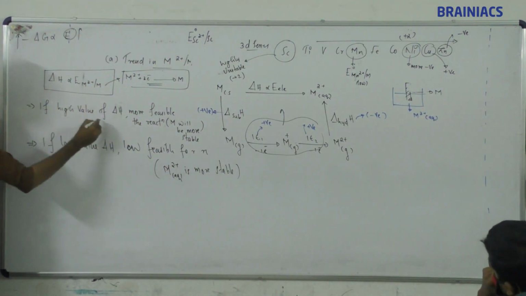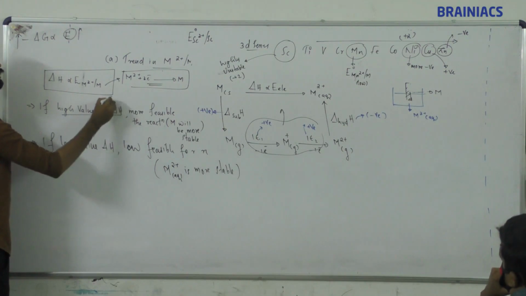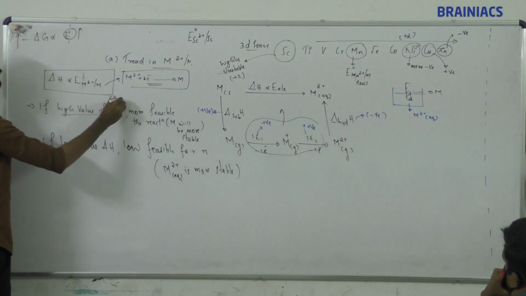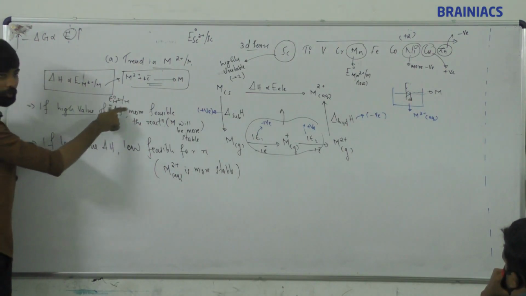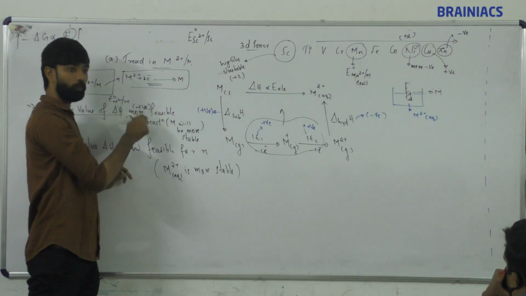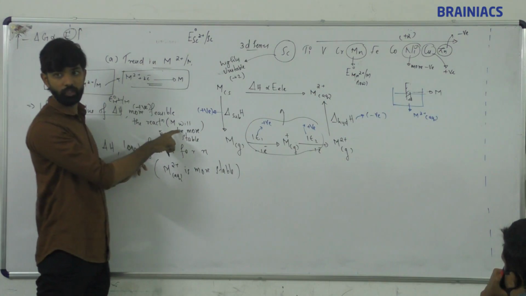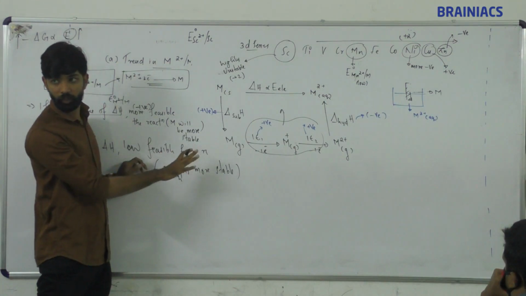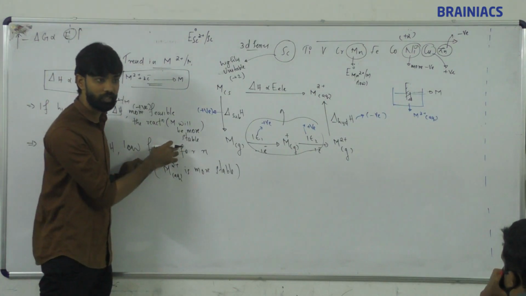I already told you that if the value of E0 M2+/M is more positive, then M will be more stable, or M2+ is relatively unstable.